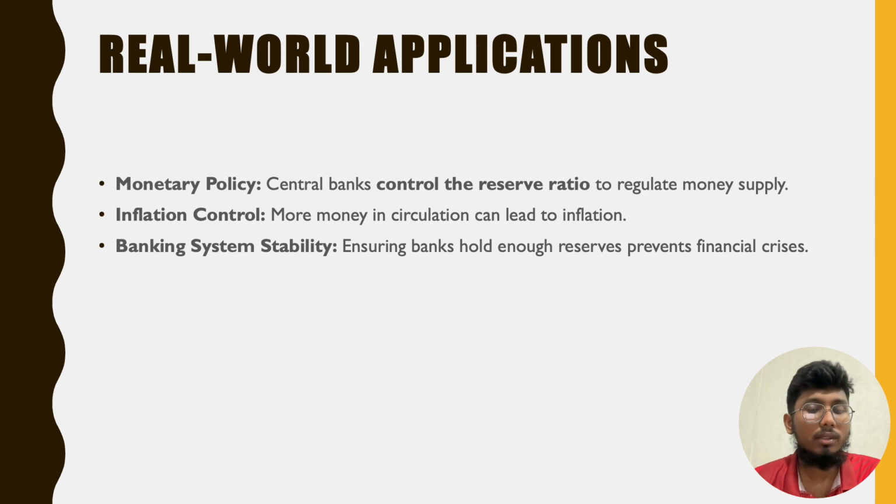Then banking system stability. Ensuring banks hold enough reserves prevents financial crisis. This concept helps us understand how money circulates in an economy and how banking policies impact economic growth.